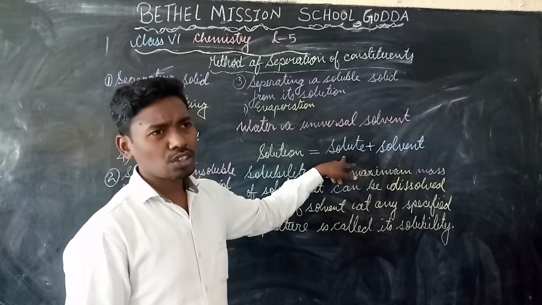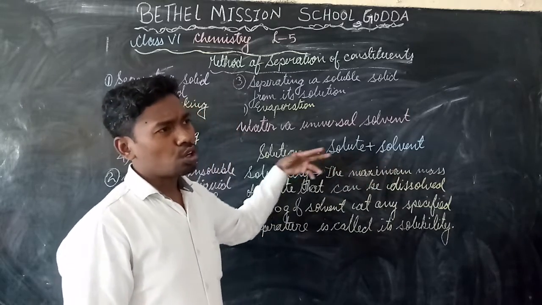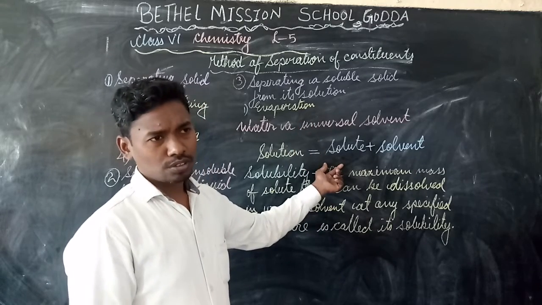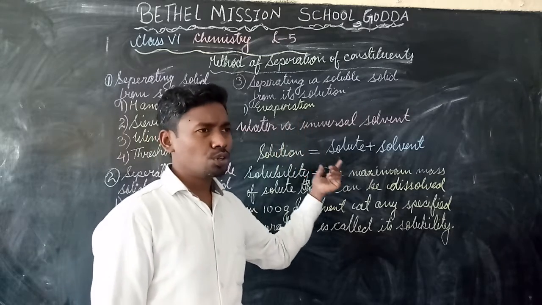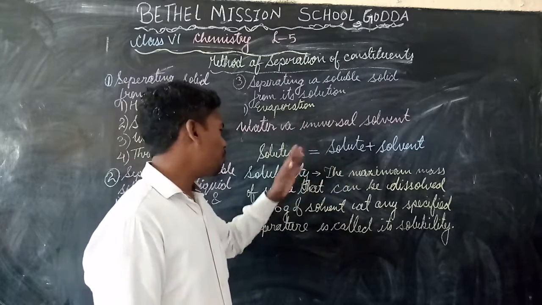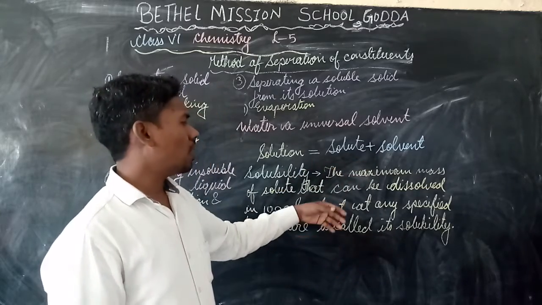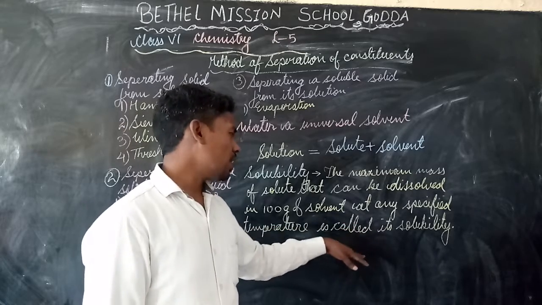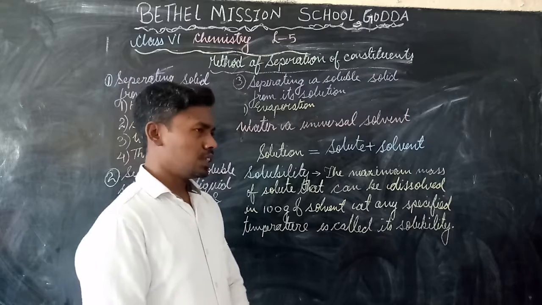Is it the characteristic of solute or of solvent? Solubility is the characteristic of solute. So the maximum mass of the solute that can be dissolved in a particular solvent at a specified temperature is called solubility.